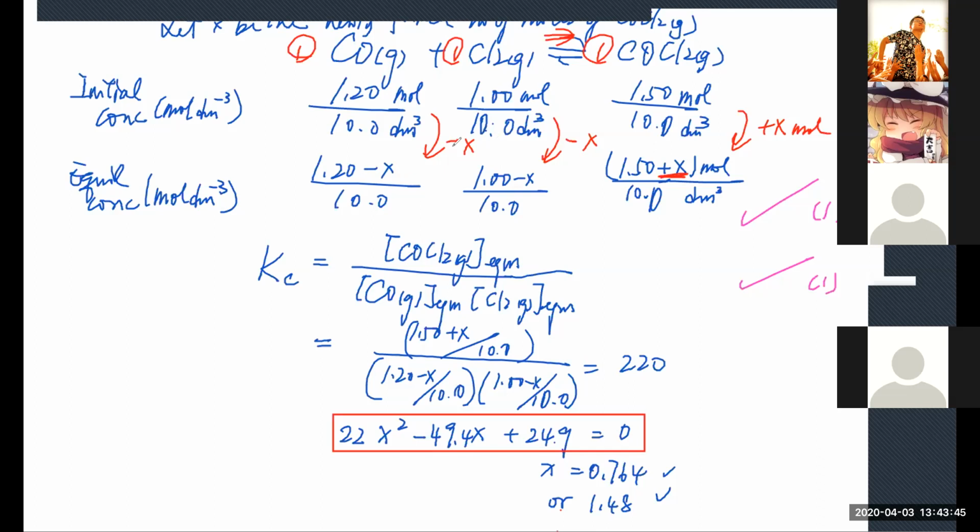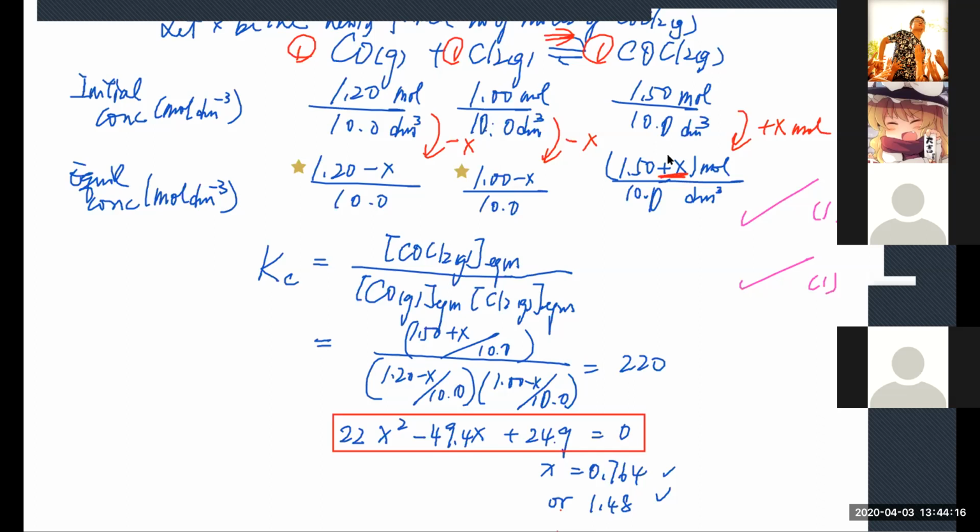This part and this part: the original number of moles of carbon monoxide and chlorine gas is just 1.20 and 1.00 mole respectively. So we cannot subtract the data larger than these two. So 1.48, it is too much.